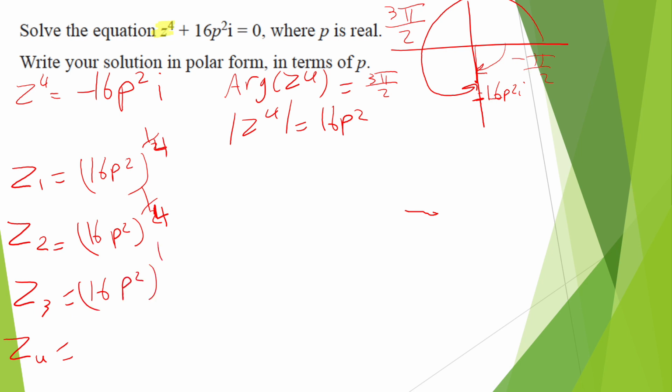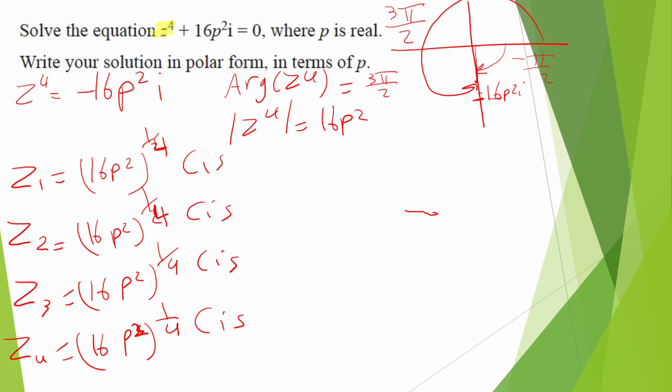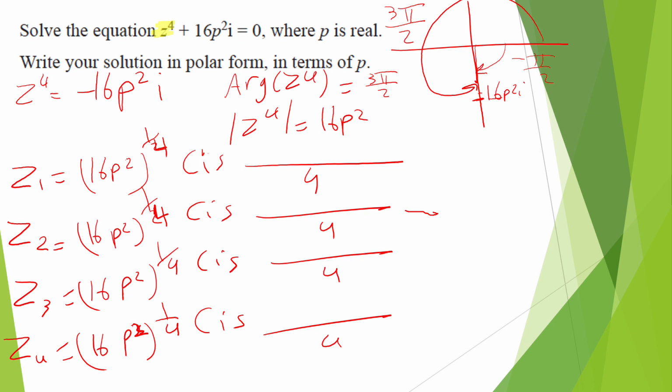Now cis, and obviously all divided by 4, because we have the 4th root. When using De Moivre's theorem, you multiply by the power, and because the power here is a quarter, that's why we are dividing by 4.